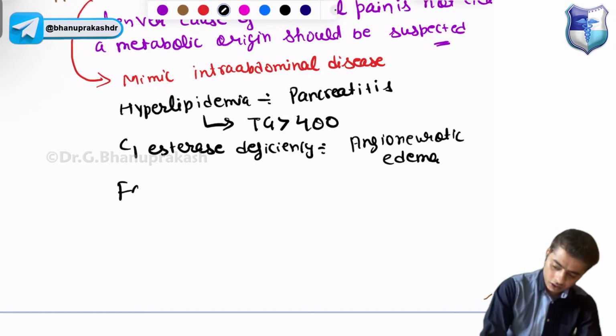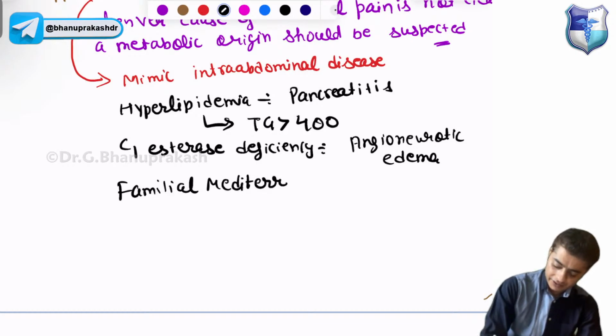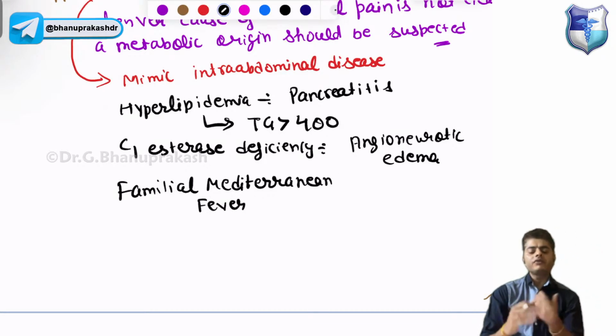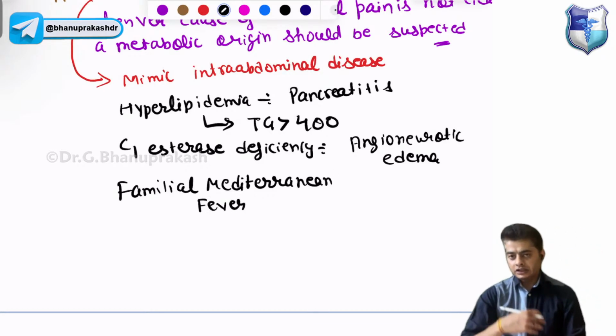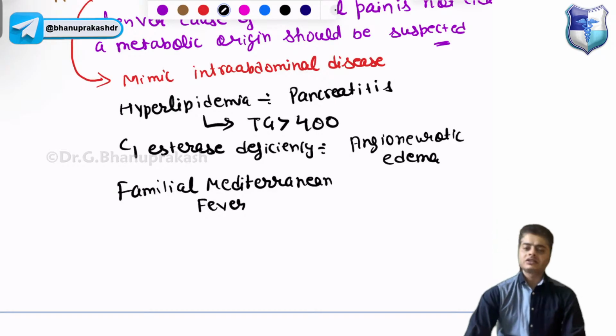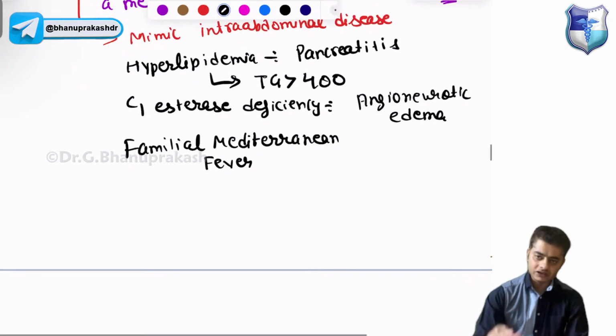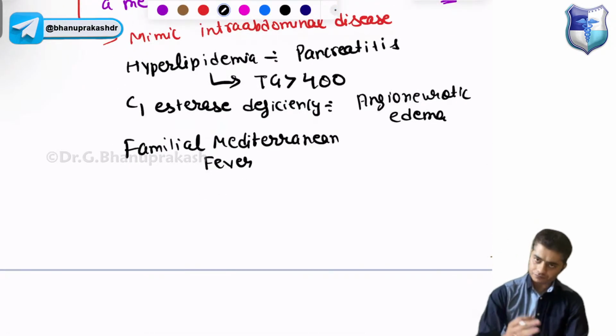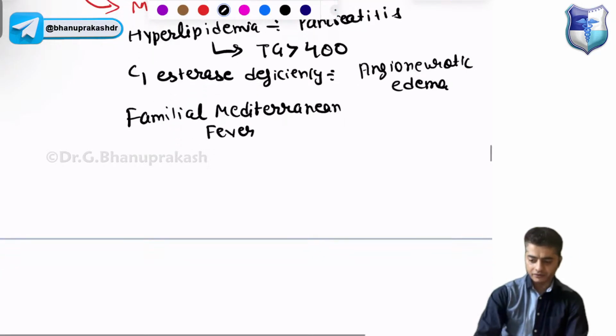Other is your familial Mediterranean fever. And what we've seen is that in familial Mediterranean fever, generally the maximum presentation is acute abdominal pain. So you should always consider abdominal pain whenever they are patients of familial Mediterranean fever.